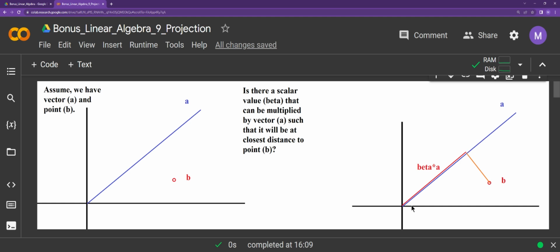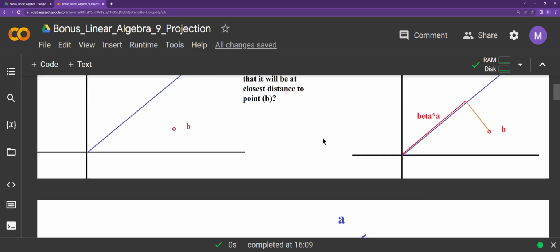Okay, so you got your vector A, you got this point B, you can draw a vertical line from B to A. That would basically be a section of the vector A, from here to there. But at the same time, you would also have a scalar that can do the same thing, like select a section of vector A.